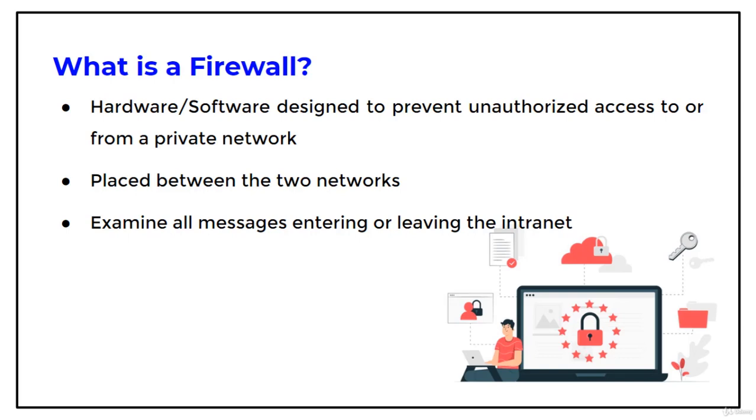So it is basically placed between two different networks. Before firewalls, network security was performed by access control lists, that is ACLs, residing on the routers. ACLs are rules that determine whether network access should be granted or denied to a specific IP address.